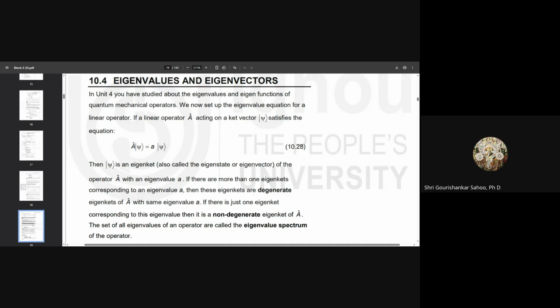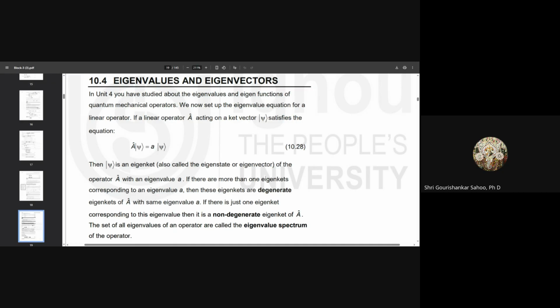Similarly, in Dirac notation, A cap operated on psi, where psi is represented as a ket vector in a vector space, gives you A psi, where A is the eigenvalue of that state function psi.